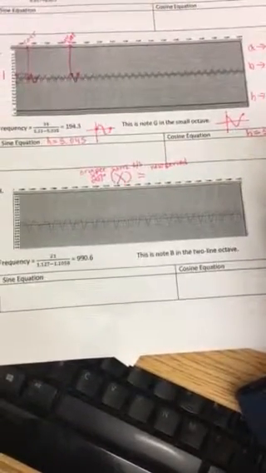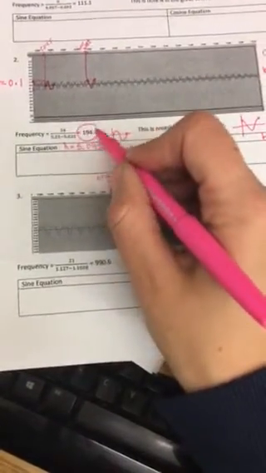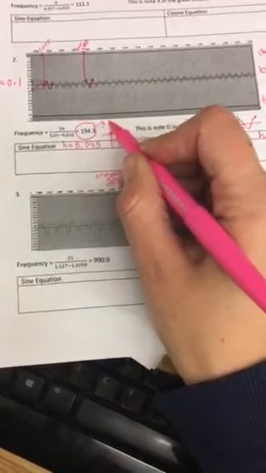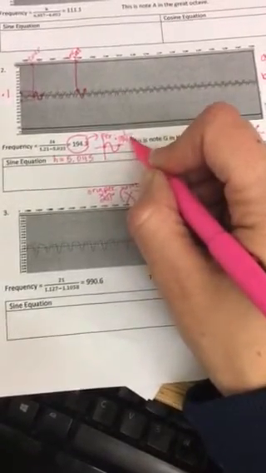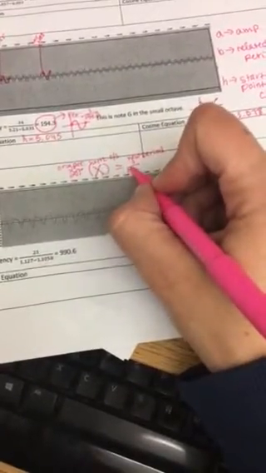Okay. It might feel like you don't know the new period for this function, but remember there's a relationship that you want to be very aware of. The frequency is the reciprocal of the period, which means if the frequency is 194.3, then the period is 1 over 194.3. So that would be my new period.